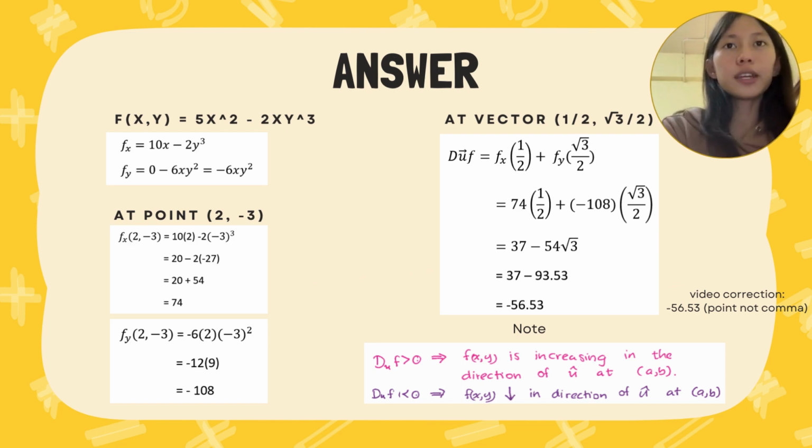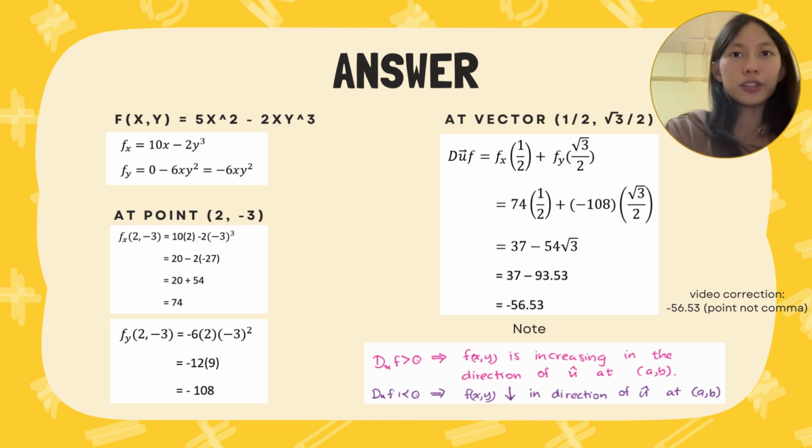For fx, we put the values into 10x − 2y³ with x being 2 and y being −3, and by this calculation we get 74. Same with fy, we insert x = 2 and y = −3 into the formula −6xy², so that it becomes −108.